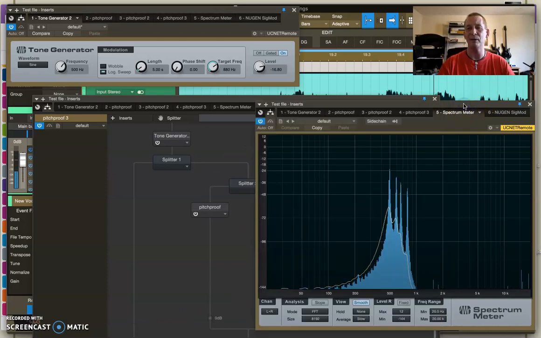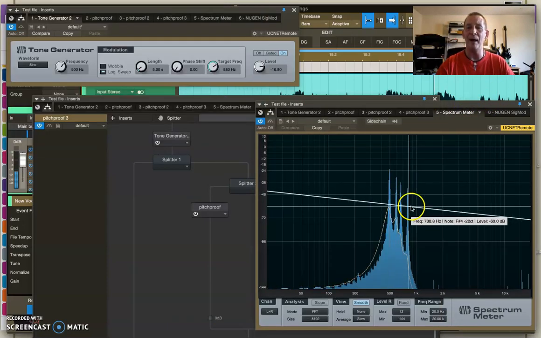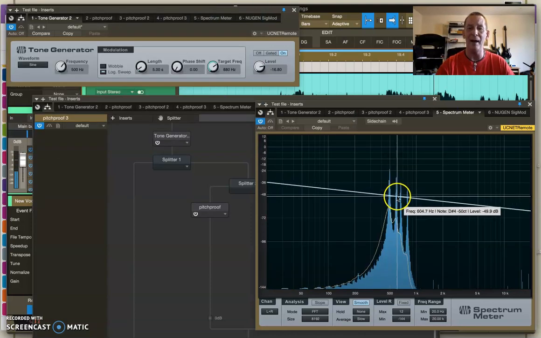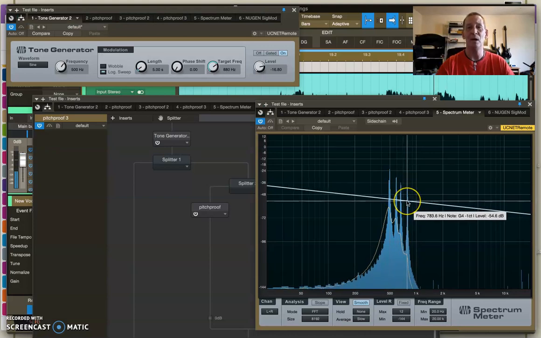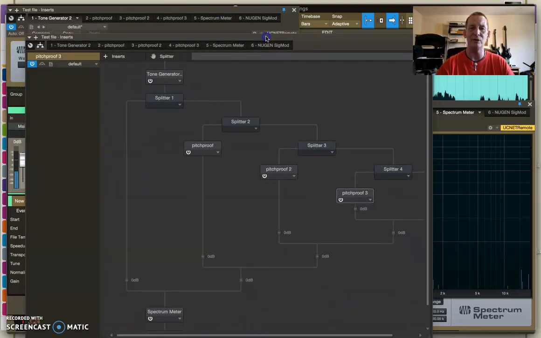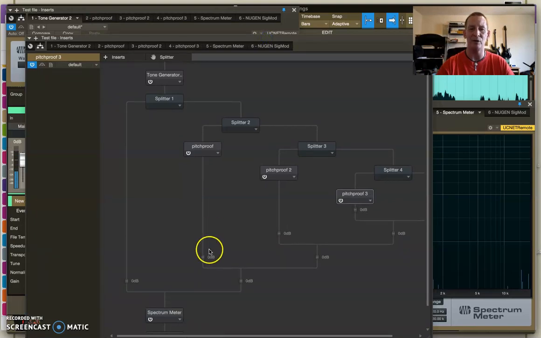So basically what's happening is I've added those two. Let's say in this sound I already have a second, a fourth, and a sixth harmonic coming off there.